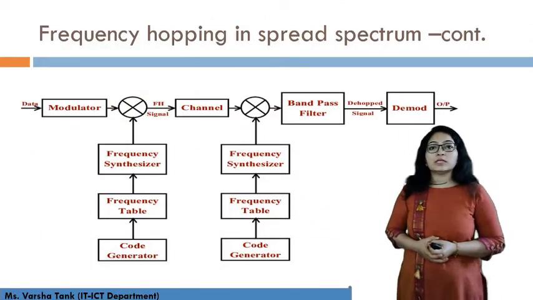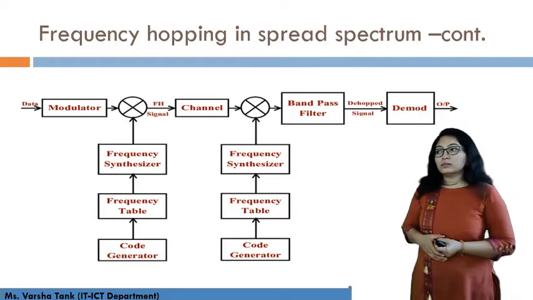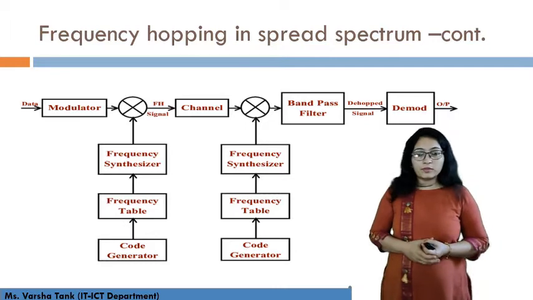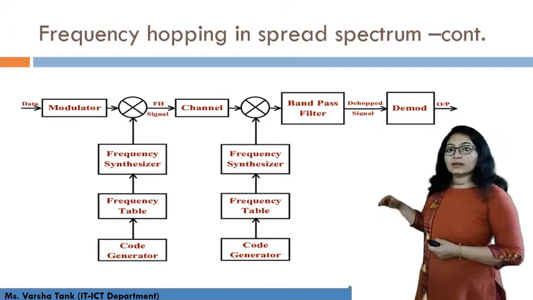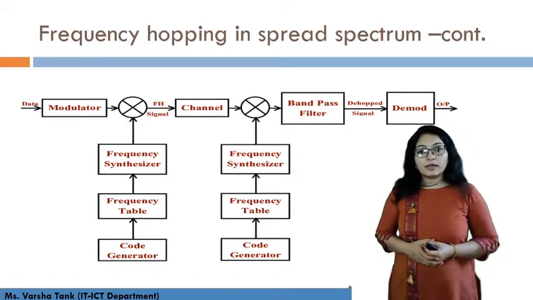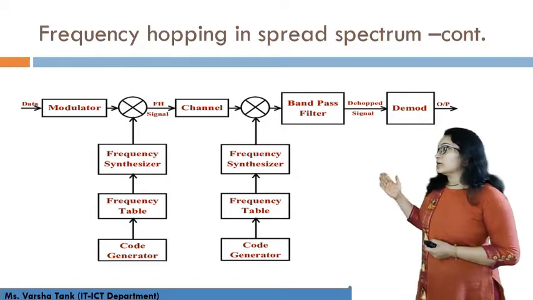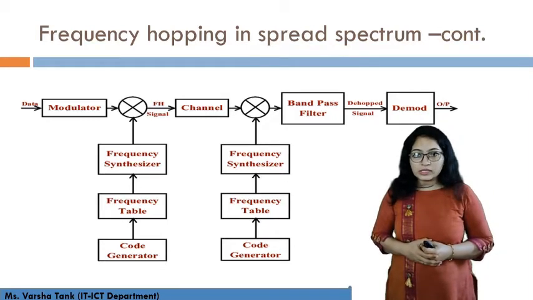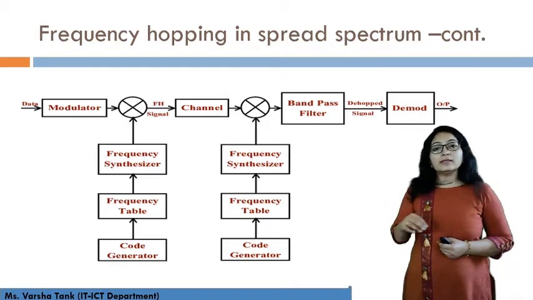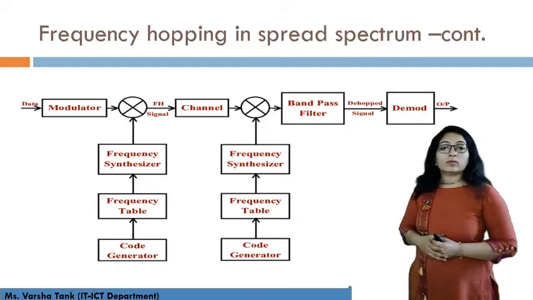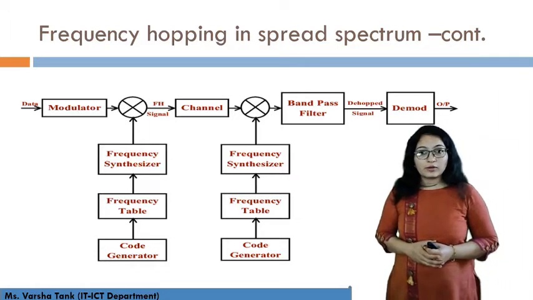Here you can see the frequency hopping spread spectrum, which is similar to the block diagram of spread spectrum. The modulator is there, and the code generator will generate the frequency table. According to the frequency table, the frequency synthesizer will synthesize the frequency of the signal, and that combined signal will be transmitted through the channel in the network.